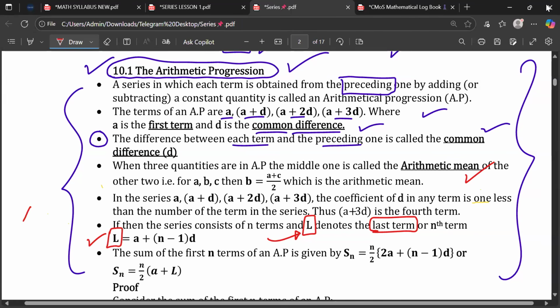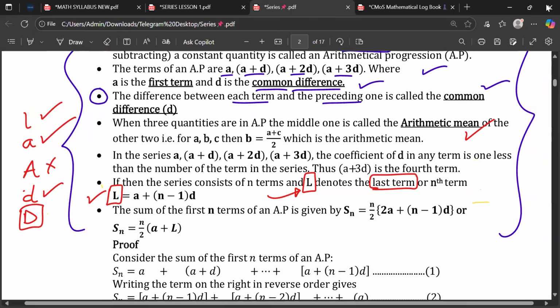That's why the first term is small a and not capital A. Common difference is small d and not capital D. So they prefer even the last term to be a small letter. But when you do it in an exam, don't develop a lot of pressure that you failed. You've not.